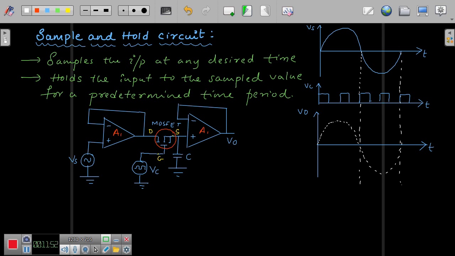Yeah, it is something like that. Later we will draw the output as per our requirement. Please note down how I have marked the values here.